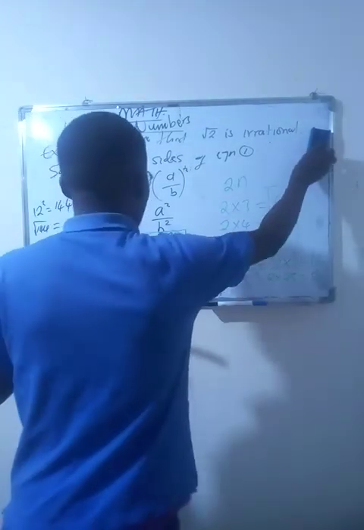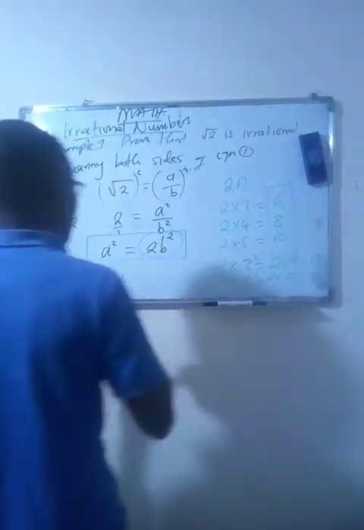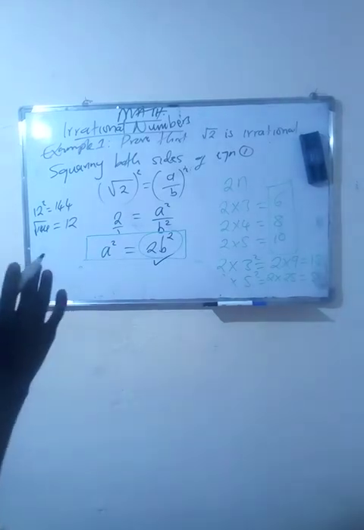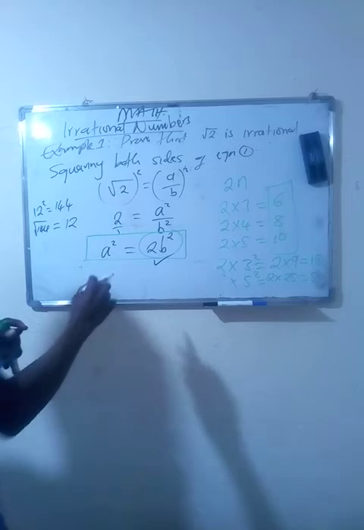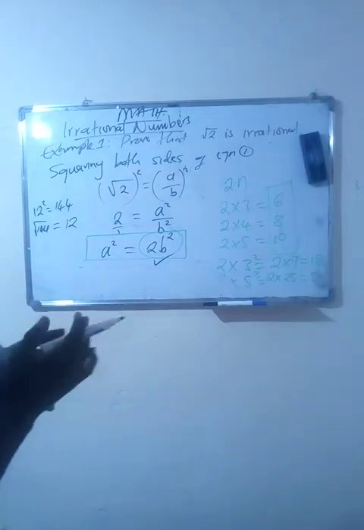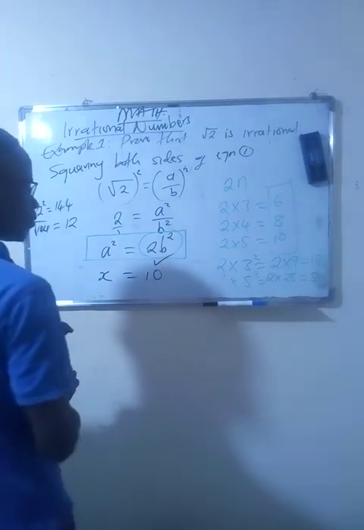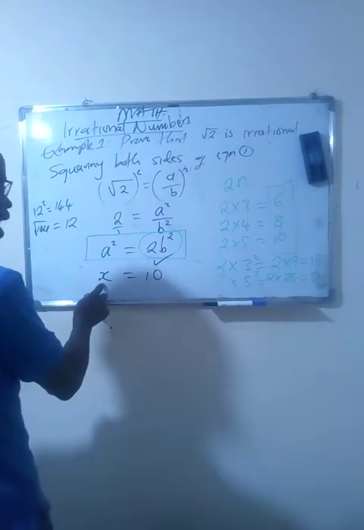Now, remember, what we've already agreed is that what is on the right hand side is an even number. So meaning that what we have on the left hand side is also an even number. Because if we say that x is equal to 10, then it means that this x is actually 10.